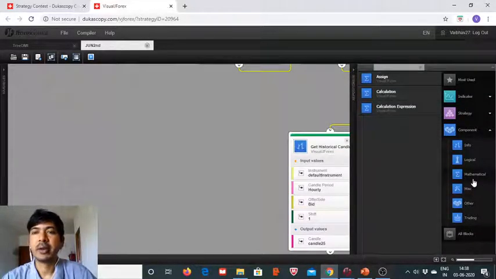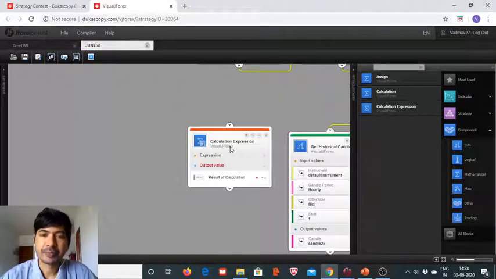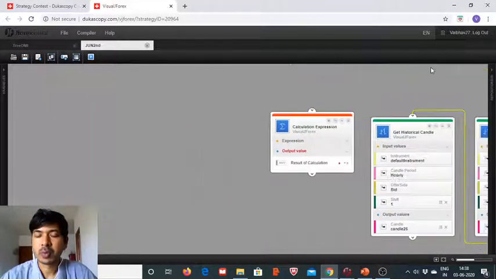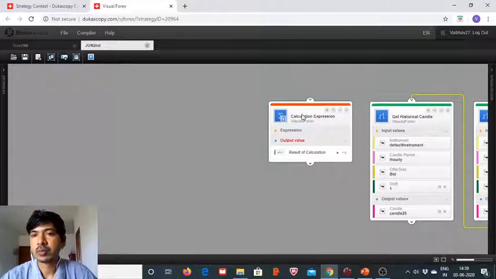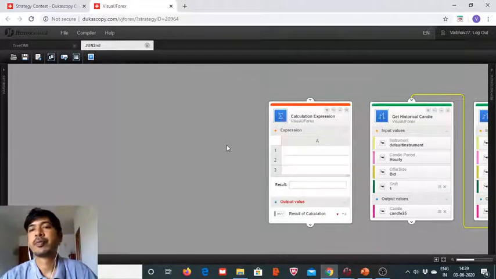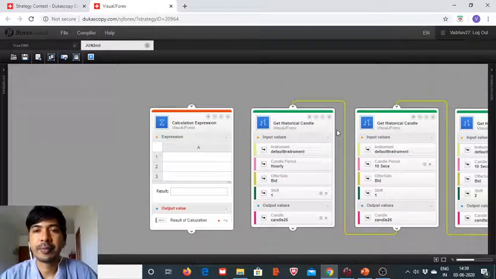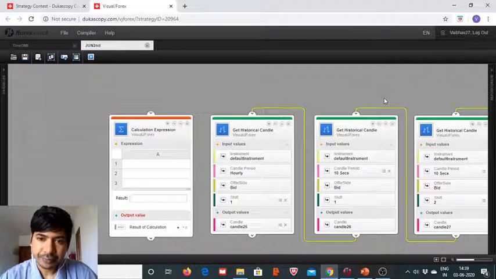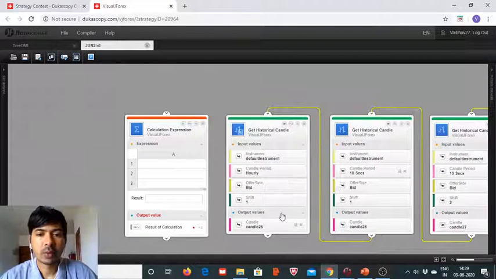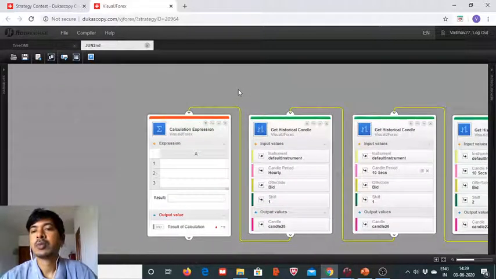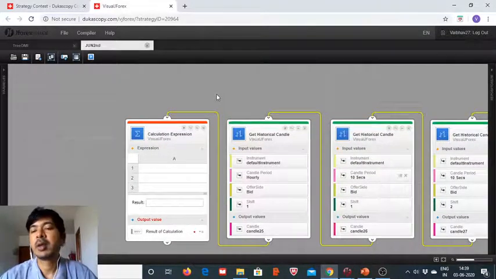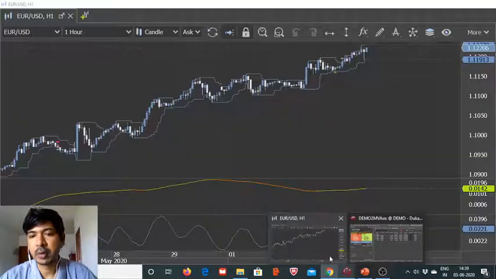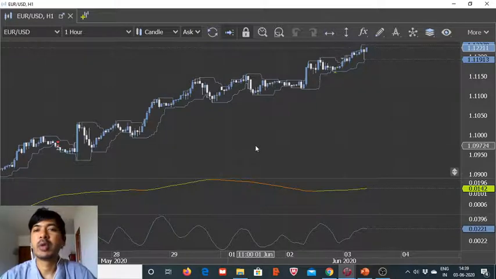Components and mathematical. And here, now for order validity time, I think we should keep it valid for good enough time, maybe 2-3 hours should be good enough.